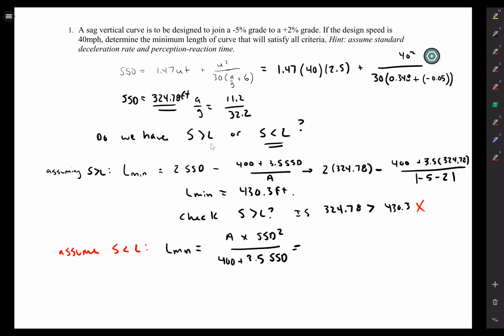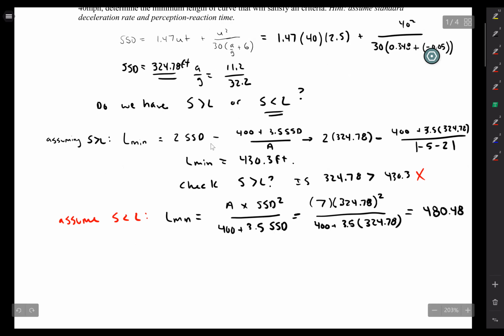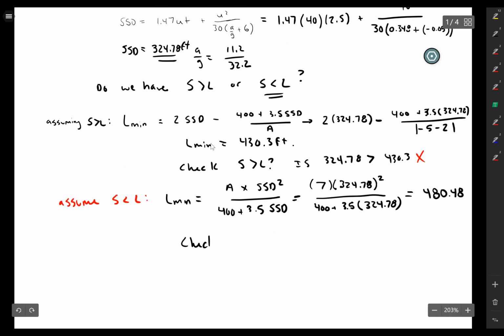We already said that A is 7. So I've got 7 times 324.78 squared over 400 plus 3.5 times 324.78, which gives me 480.48 feet.